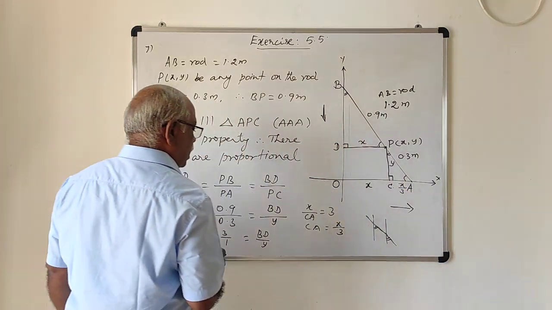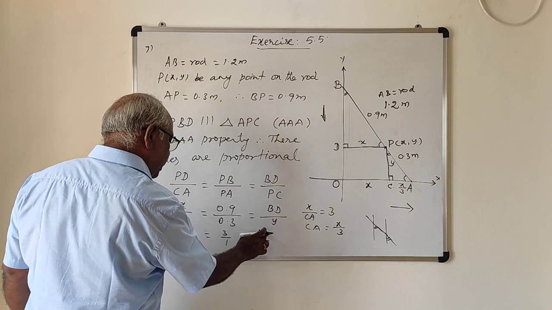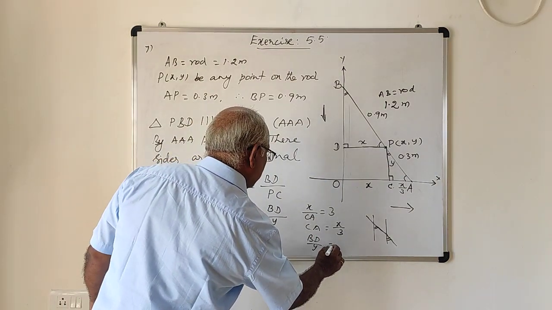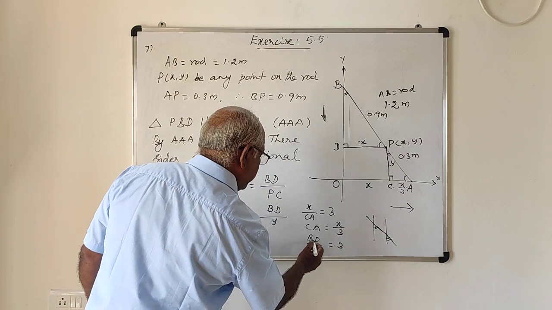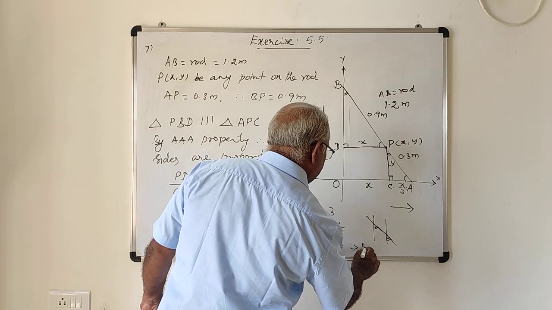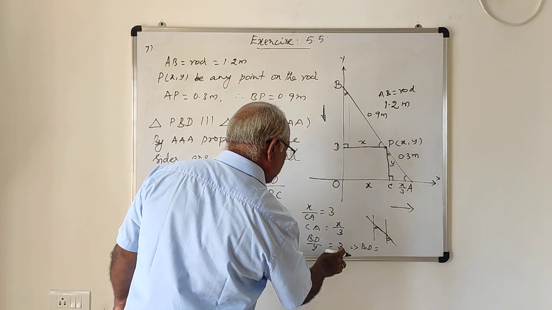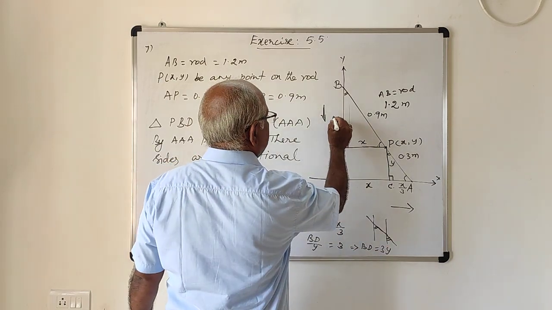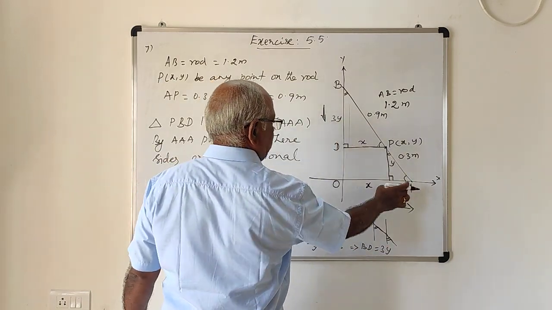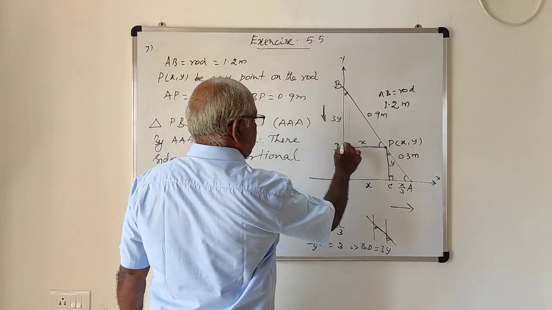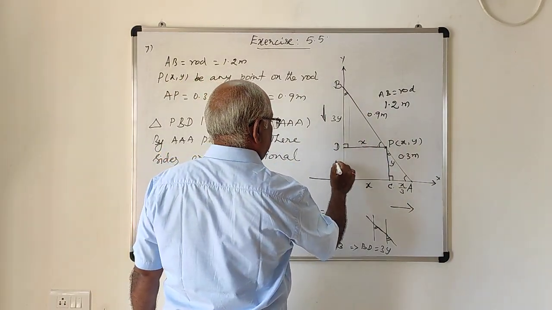And comparing these two, BD by Y equals 3, so BD equals 3Y by cross multiplying. So we determined the unknowns CA is X by 3 and BD is 3Y. And this is also Y. OD is Y.